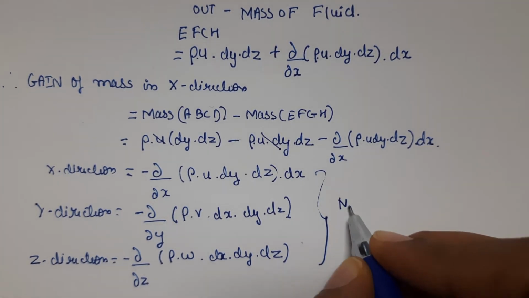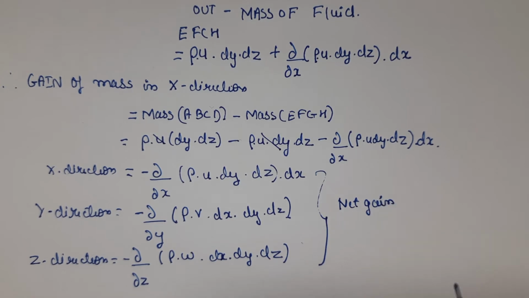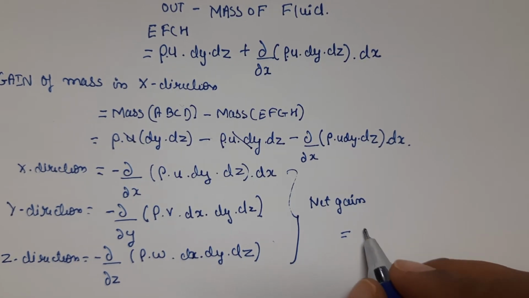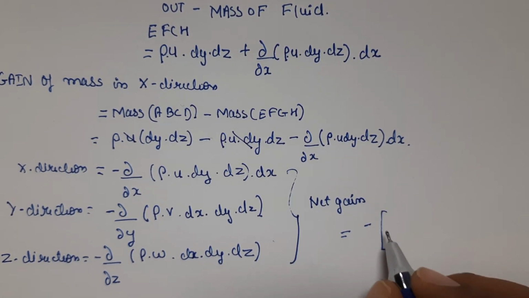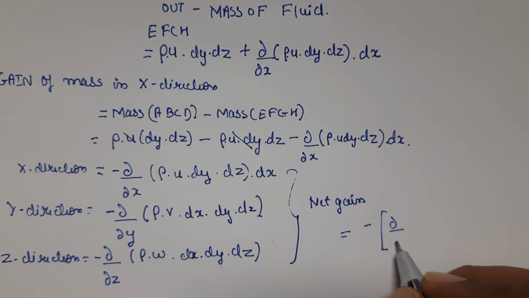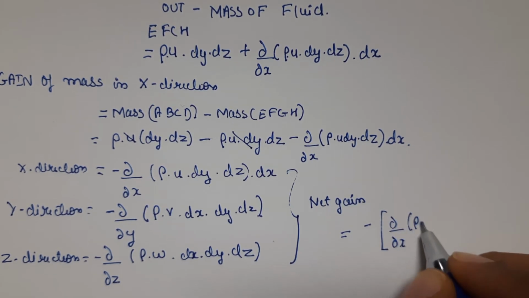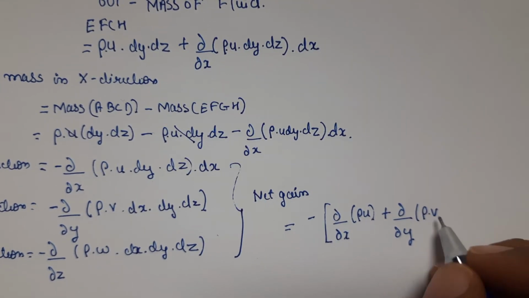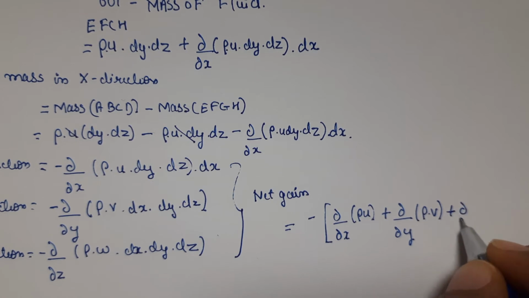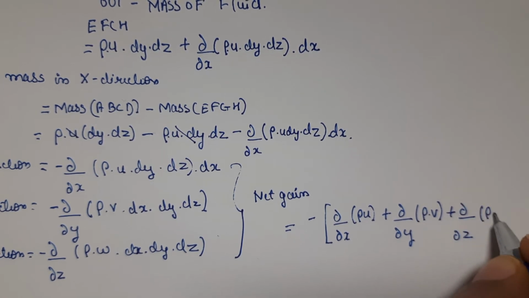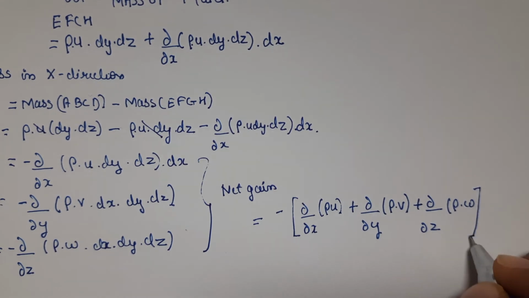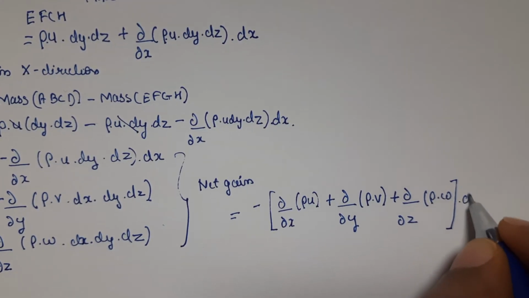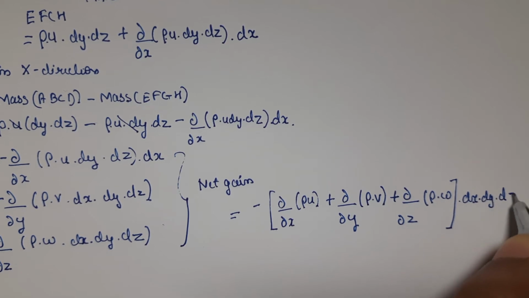So the net gain is equal to, taking the minus sign out, minus ∂/∂x (ρu) plus ∂/∂y (ρv) plus ∂/∂z (ρw), into dx dy and dz.